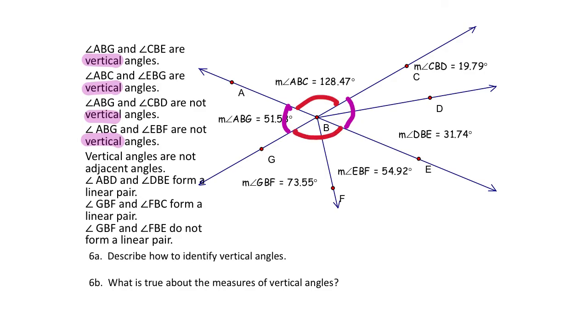Now, hopefully that's enough for you to just kind of make some conclusions about vertical angles. Vertical angles, they're going to share a point, but they're going to share essentially the two lines. So you'd be looking at this line right here, line AE, I would call it, and line GC. They share these two lines, but they share this point as well, okay?